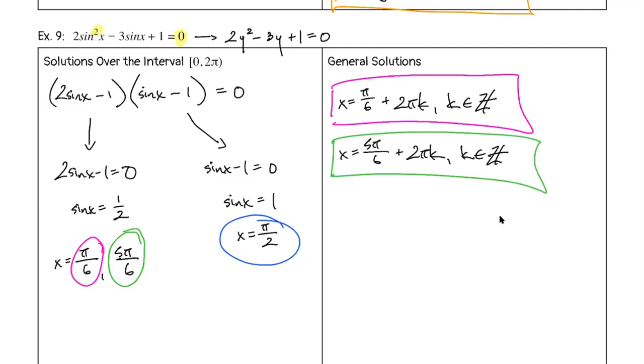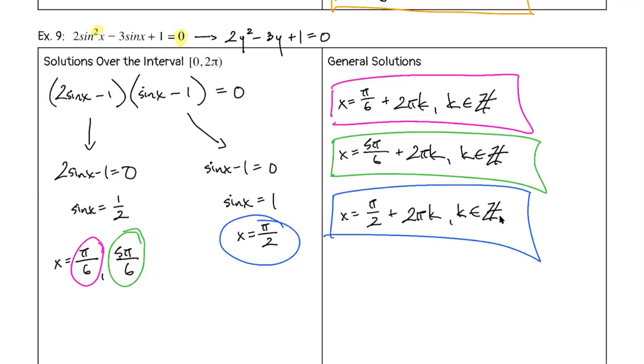And we've got the last one where x equals pi over 2 plus rotations around the unit circle. And that's that, okay?